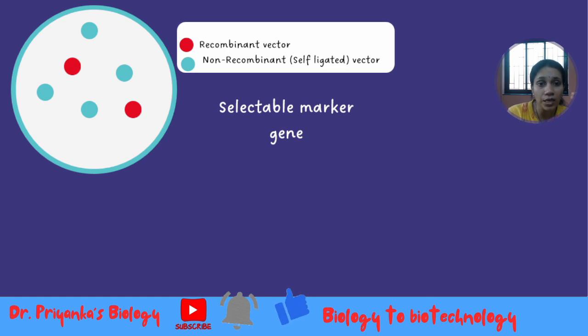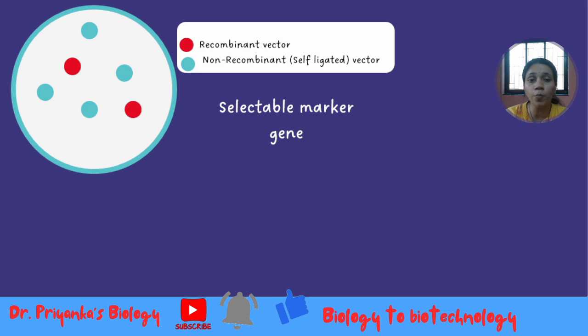If we consider the success of transformation, it is just around 0.01%. That means a very small amount of plasmid is available, and a very small proportion of the total number of cells in that competent culture can give rise to transformants. So the success rate is a bit low.